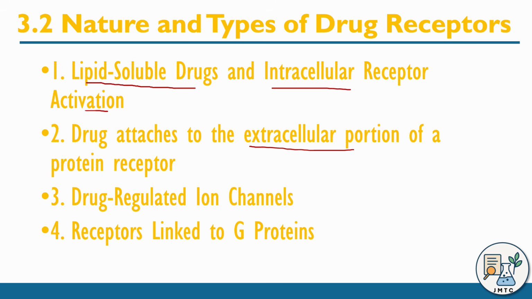Third is the drug will attach to a receptor which is opening an ion channel. And the last one is the drug attaches to receptors linked to G proteins. So, apat lang yon. The one that activates intracellular receptor, the one that attaches sa extracellular portion, the one that opens an ion channel, and the one that is linked to G proteins.